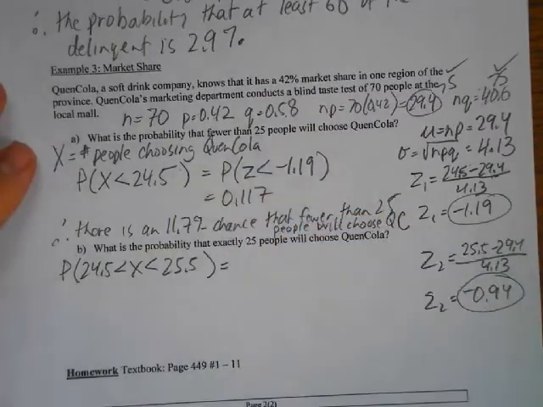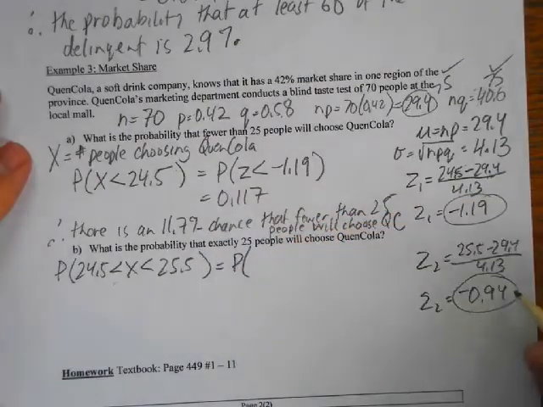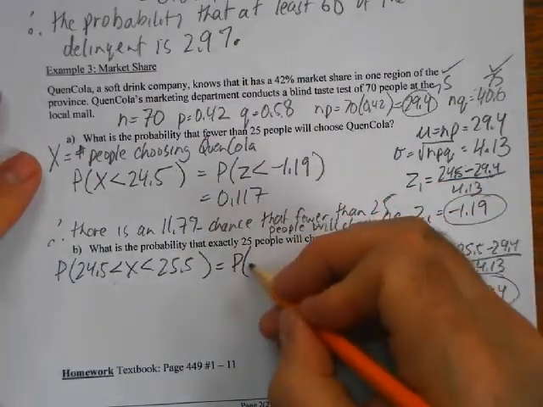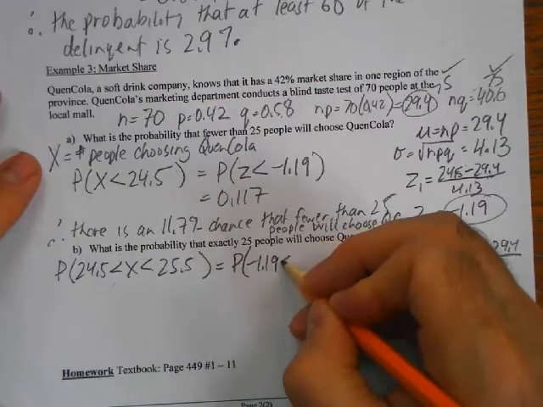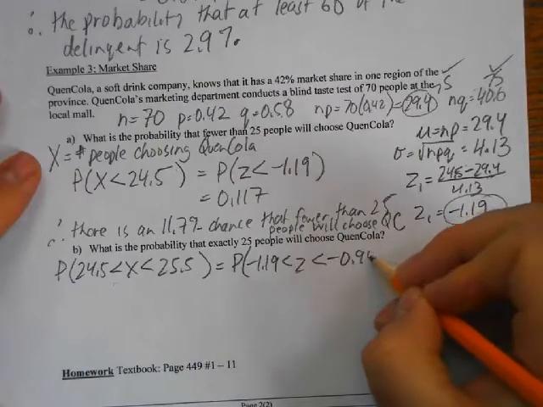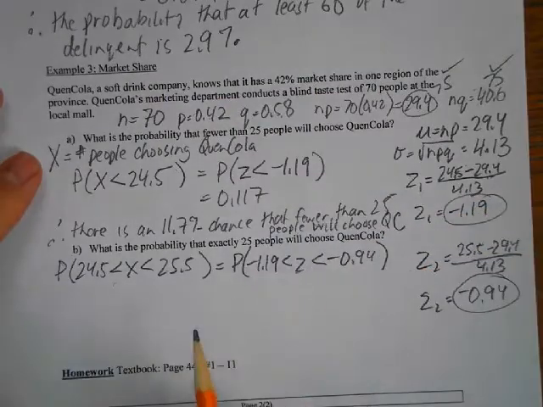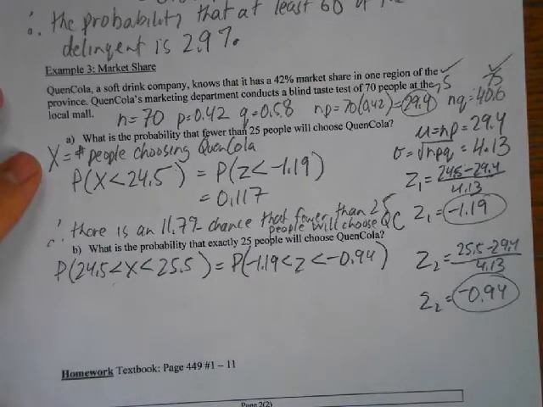So this is equal to, changing it to the Z-score notation, negative 1.19 is less than Z, which is less than negative 0.94. You have to be careful when these values are negative because you have to think about where they are on the curve as to which one goes on the left and which one goes on the right. Sometimes you have to actually focus on the numbers before putting them in.